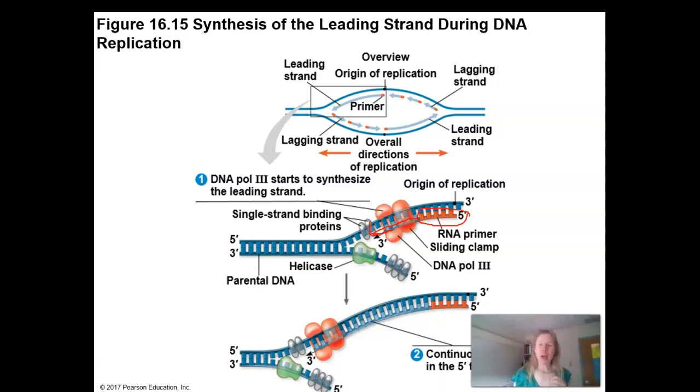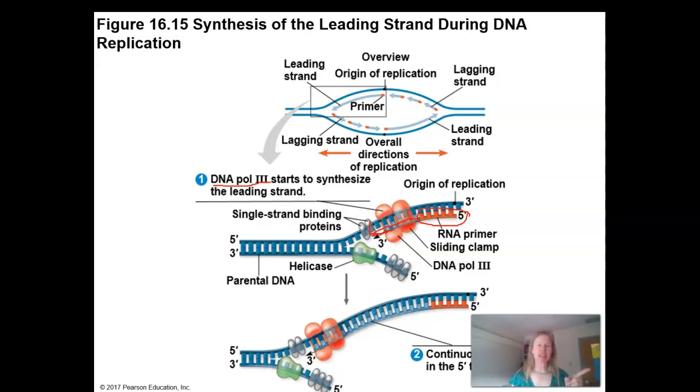Okay, so what happens here is the DNA polymerase, and this is DNA polymerase 3, actually, starts adding new nucleotides, the complementary bases, but only on the 3' end. And so on one strand, that can happen continuously, right?